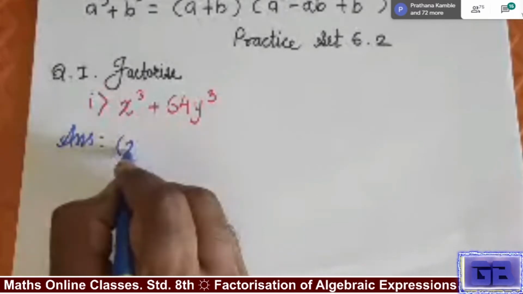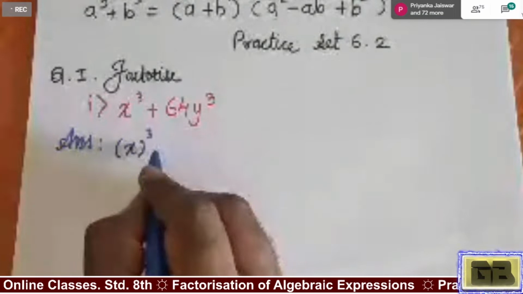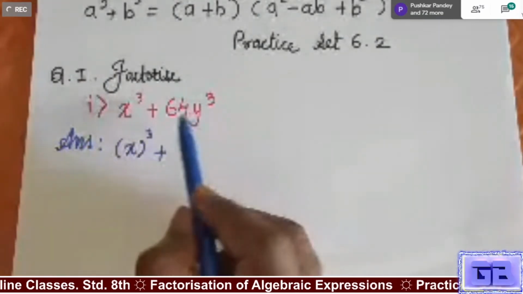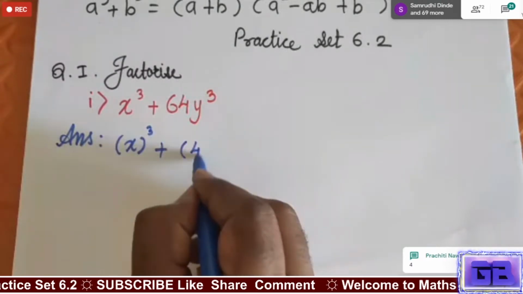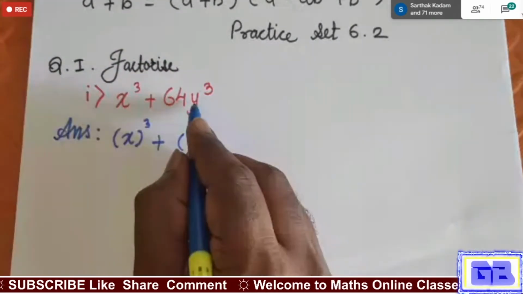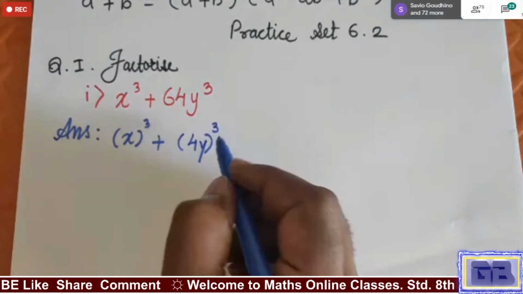X cube I will write in bracket, x bracket raised to cube, plus, now tell me, 64 is the cube of which number? So write here 4 in bracket. We have to take y also inside the bracket and here cube.